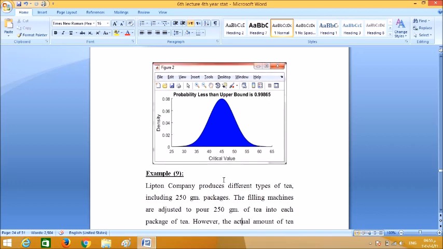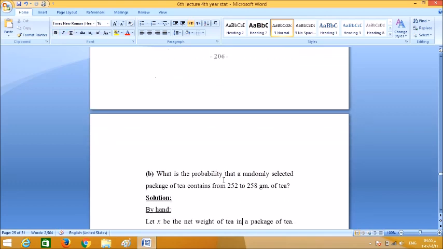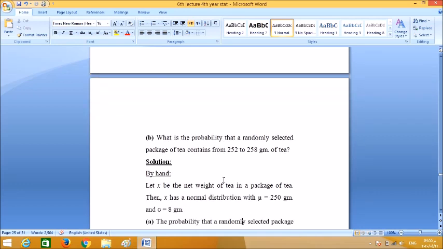Example number 9, it's the same as number 8.